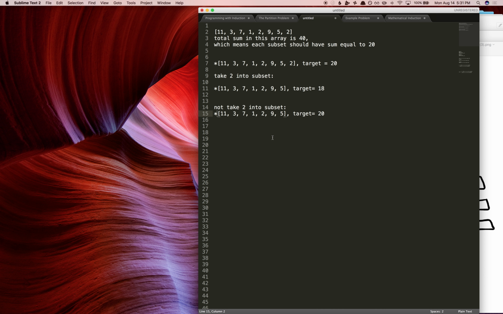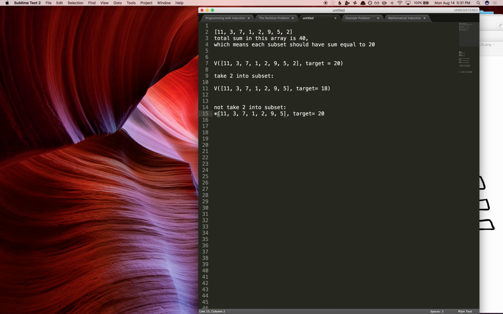We can also hypothetically say our initial problem, we call it V, and we give it an array, and we give it a target, and that target is equal to 20. We're now stuck with two smaller problems here. If I take 2 into the subset, I have this problem.